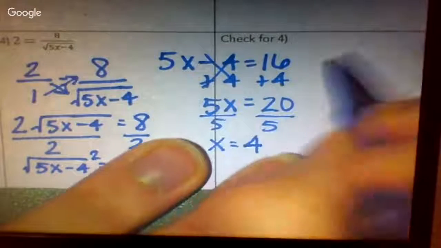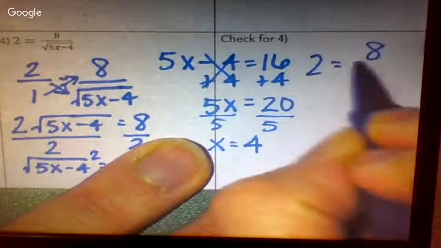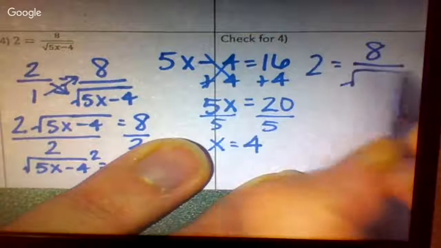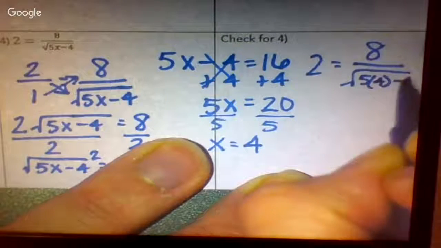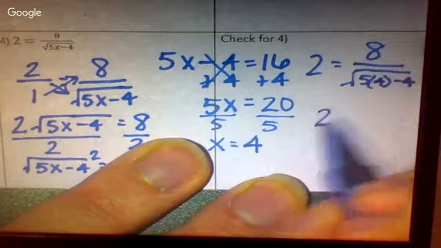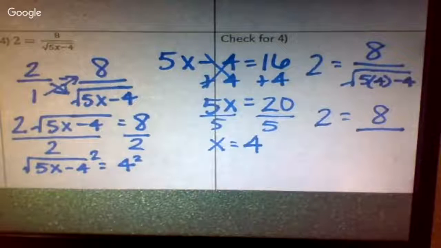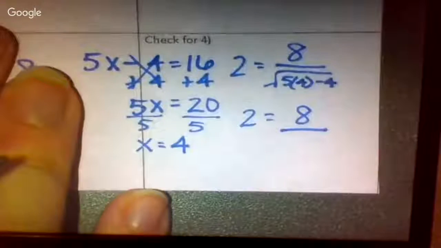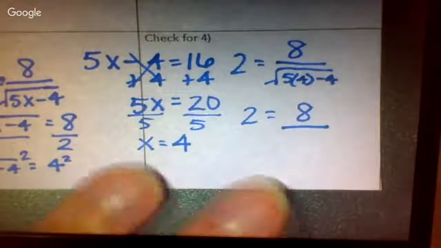Last thing we have to do is check it. So 2 equals 8 divided by the square root of 5 times 4 minus 4. We need to figure out what goes in the bottom there. What is 5 times 4? 20. 20 minus 4 is 16.